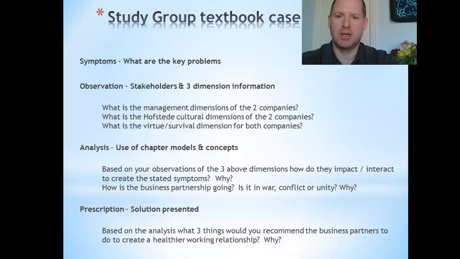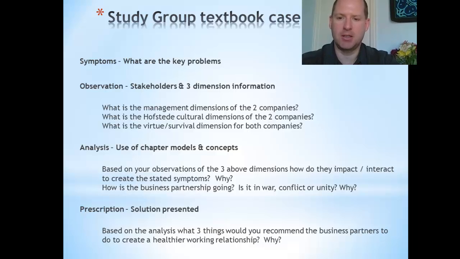Are there ethical dimensions that are affecting the partnership? And then finally, you need to state in the analysis, how is the business partnership going? And you'll see in the matrix, there's a section war, conflict, and unity, and explain why.